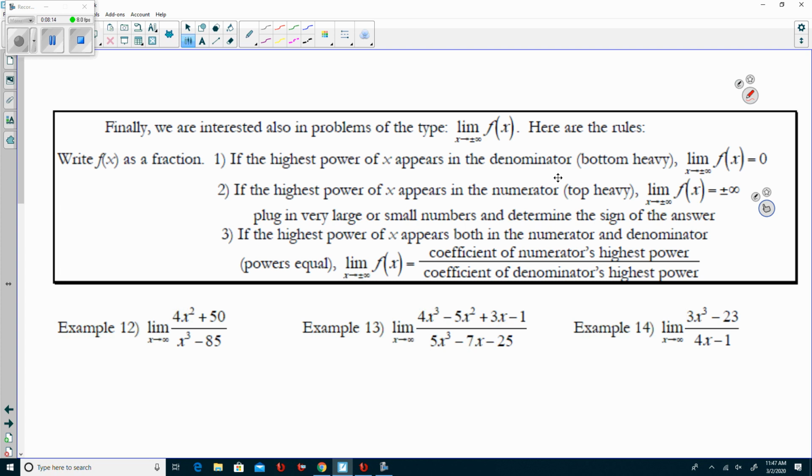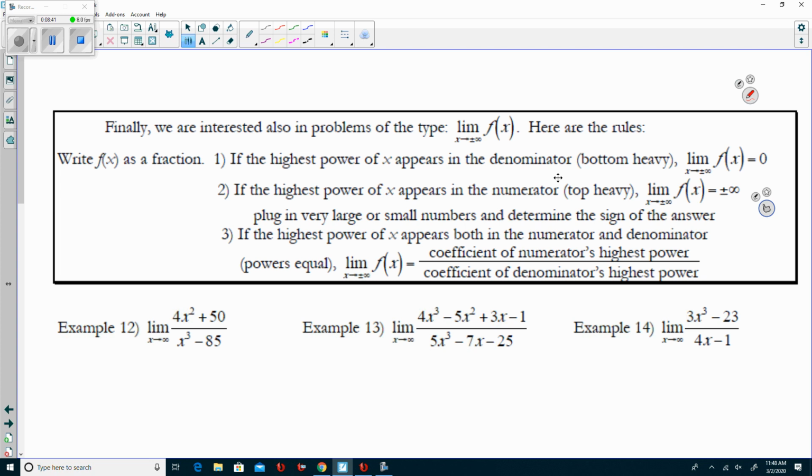Number 2, if the highest power of x appears in the numerator, then it's top heavy, and it's either going to positive or negative infinity. What do you do? You plug in very large or very small numbers to determine the sign of the answer. So you plug in 1,000, 2,000, whatever, negative 500, negative 1,000.